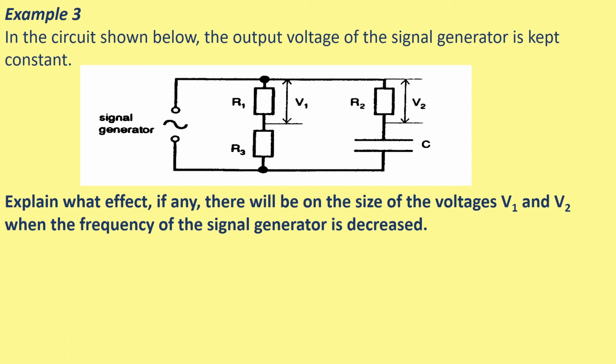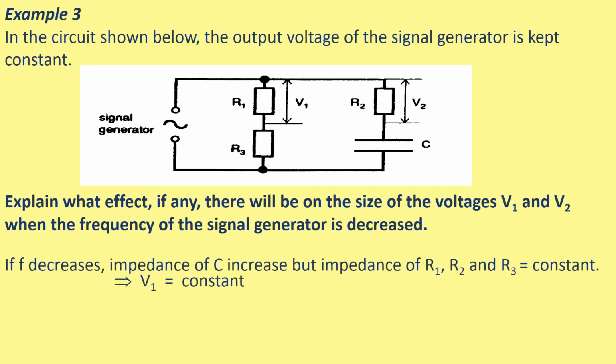Well, if f is decreased, the impedance of the capacitor is going to increase, but the impedances of R1 and R2 and R3 are all constant. That means the effective resistance of the capacitor here is going to increase.